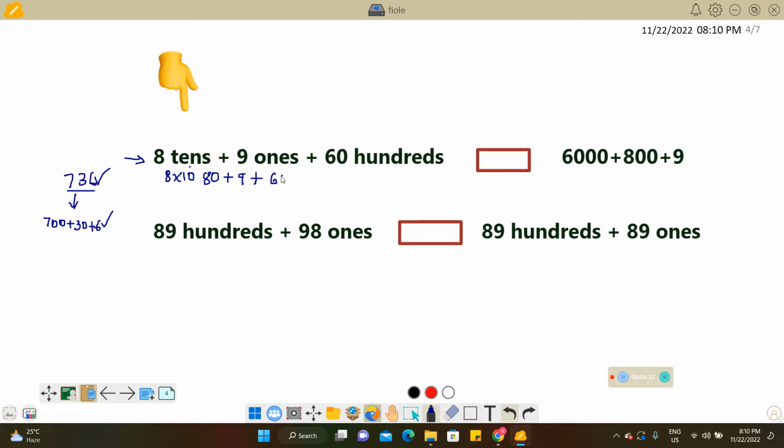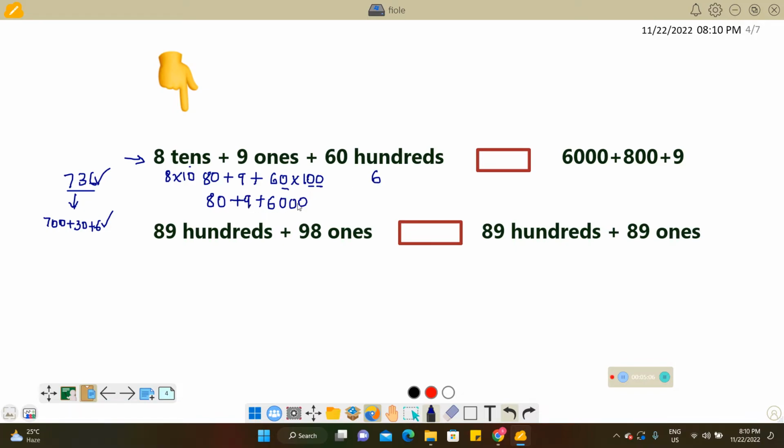That means there are 60 hundreds, which is 6 and how many zeros should we add besides 6? 1, 2 and 3. That is nothing but 6000. So what is 80 plus 9 plus 6000?